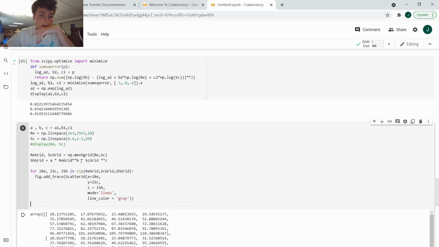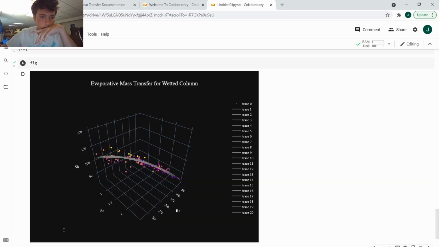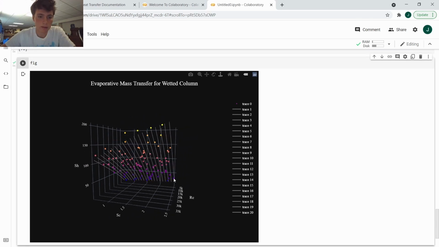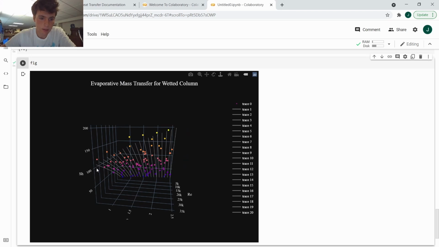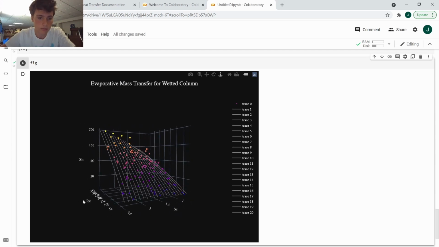And let's see if this works. Figure. And there we go. So we're holding the Schmidt numbers constant and then graphing these lines. So there's 20 lines here from 0.6 to 2.5, and for each of those values of the Schmidt, we're varying the Reynolds number. So we get all these lines that are parallel to the Reynolds axis, like this.